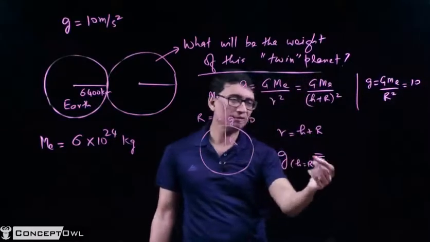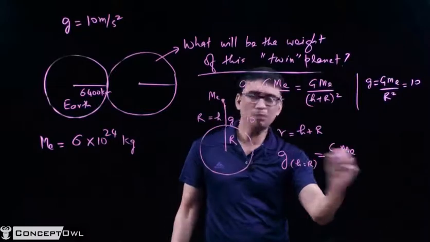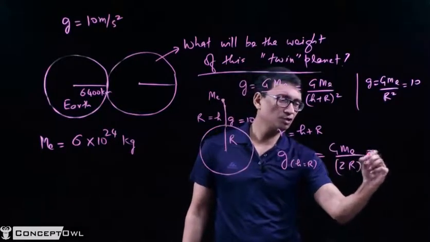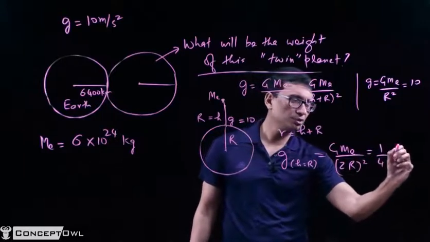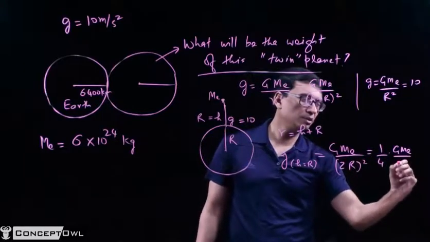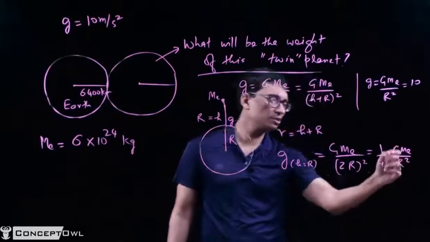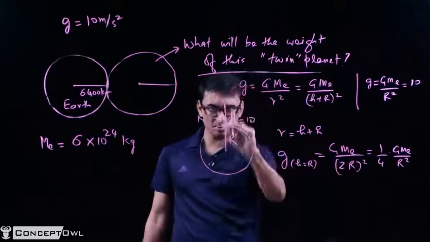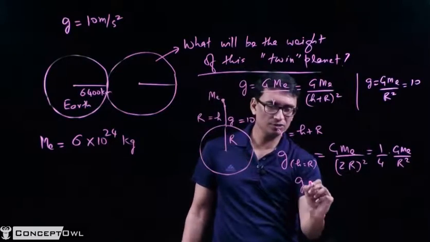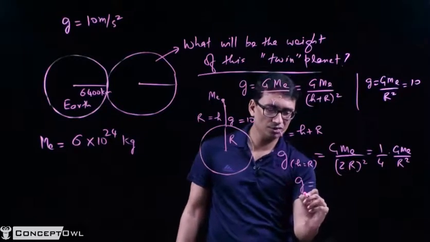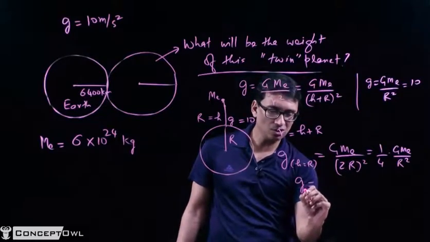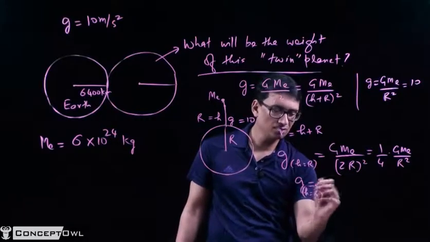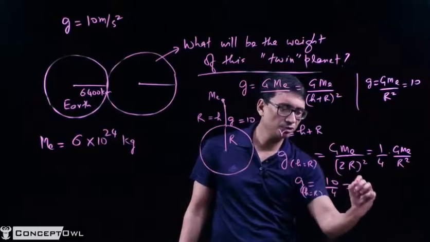Here we have G M e upon distance now 2r, upon 2r whole square, which will be equal to 1 by 4 into G M e upon r square, and this value is 10. So at h equals r, my g is going to be 10 by 4, which is equal to 2.5.